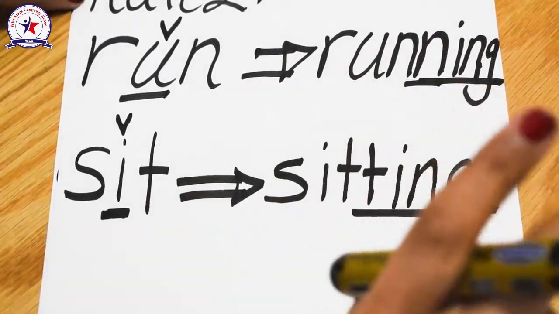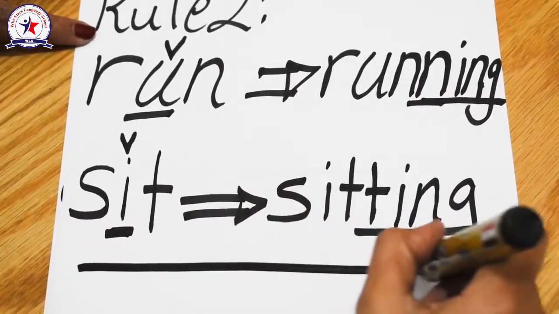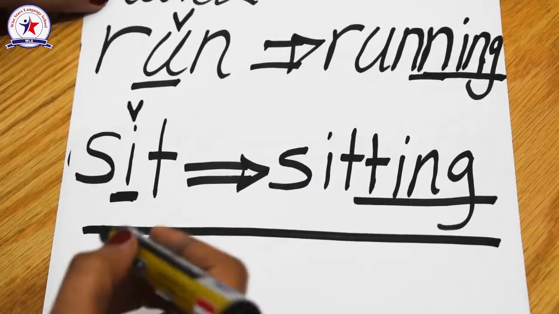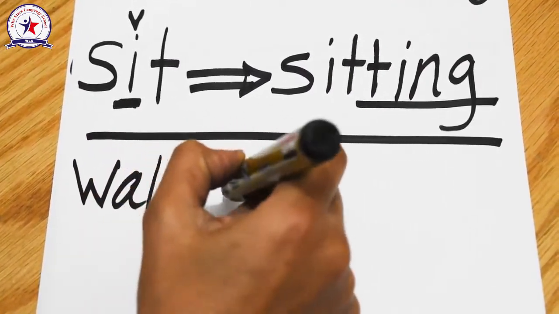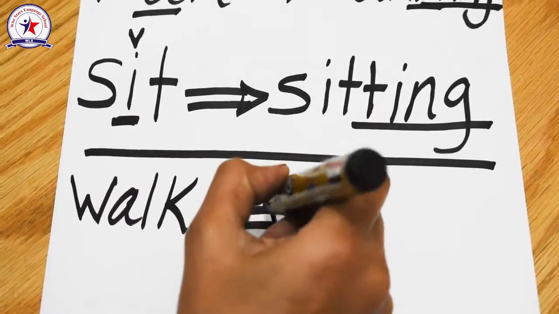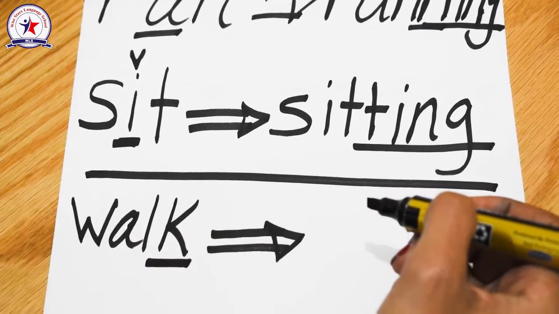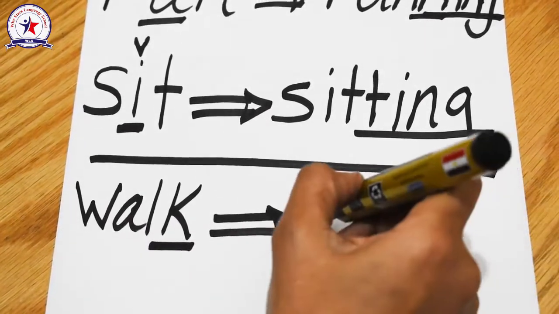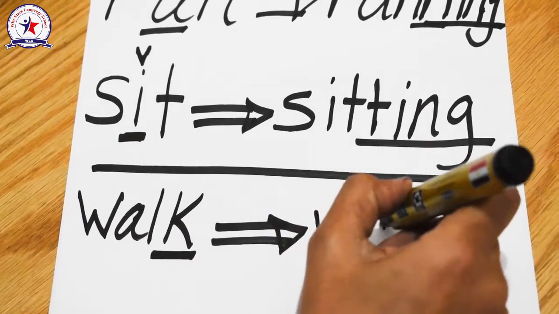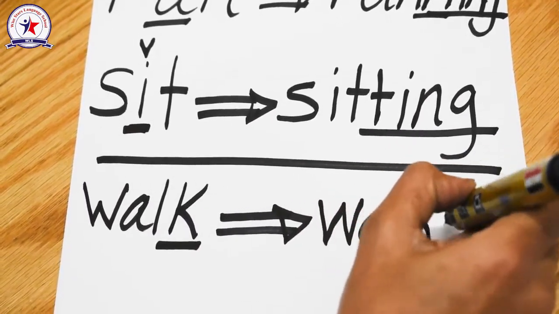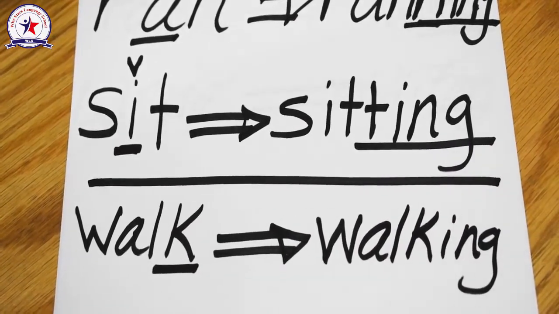So these are 2 rules. And we have the regular verbs like walk. It ends with a regular letter, or as we say, a consonant letter. We are going to add only ing without changing the verb. Like this, walking.